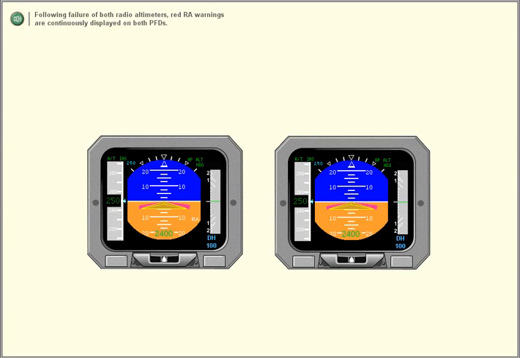This is a function of the EFIS only. There is no radio altitude transfer for any other systems. Following failure of both radio altimeters, red RA warnings are continuously displayed on both PFDs.